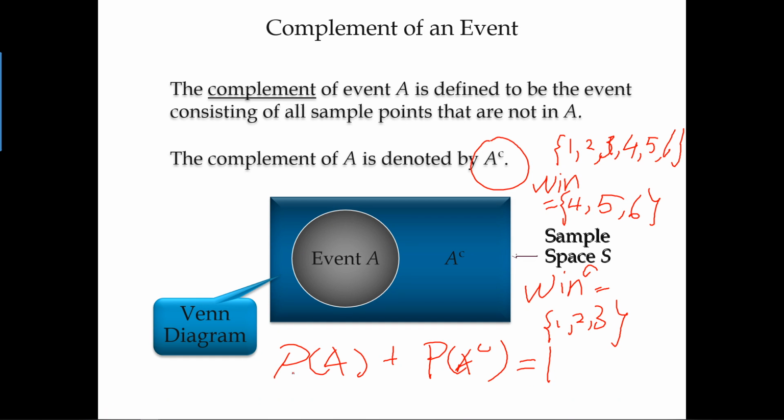So basically, if you know the probability of A, you can very quickly get the probability of A's complement event. You just use 1 minus the probability of A, and you will be able to get the probability of A's complement event. So that's what I said. Knowing the relationship, you don't have to go back to look at your sample points to figure out the probability. You can use the relationship to help you figure out probability. So this is the first relationship, and it is pretty straightforward.